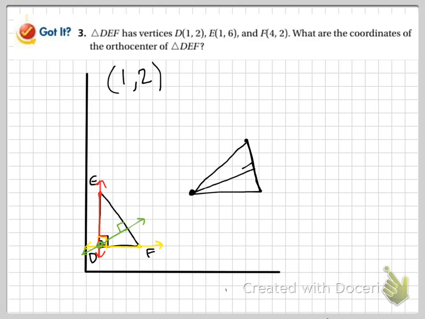So I would make this perpendicular, and that continues on, and from this one in perpendicular, from this one in perpendicular, and you can see with my rough sketch that right here is our orthocenter.